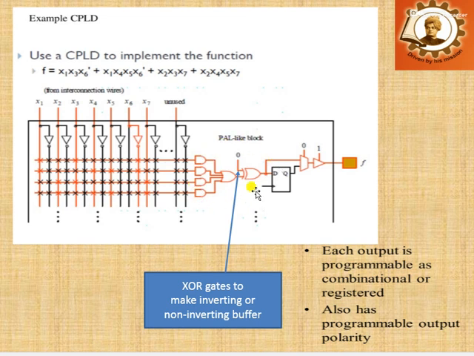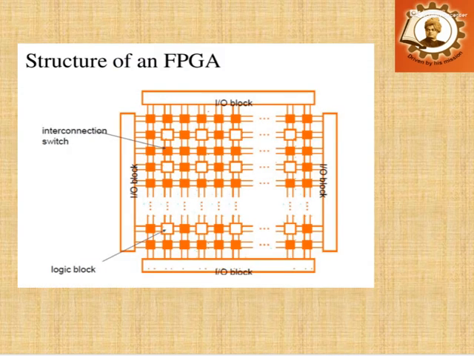The XOR gate is used to make an inverting or non-inverting buffer. At the output side you will get the output of your flip-flop. The flip-flop is used for storing your output value. So this is your simple CPLD structure, and next we move on to another architecture, that is your FPGA.